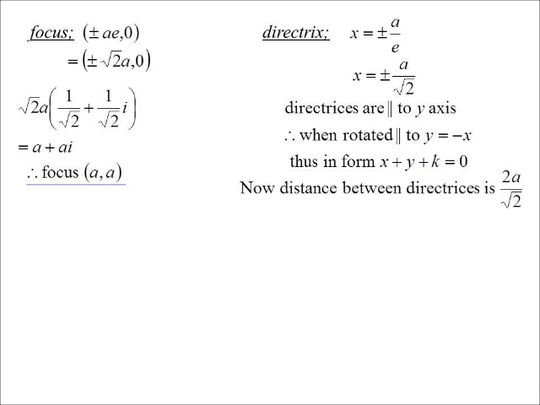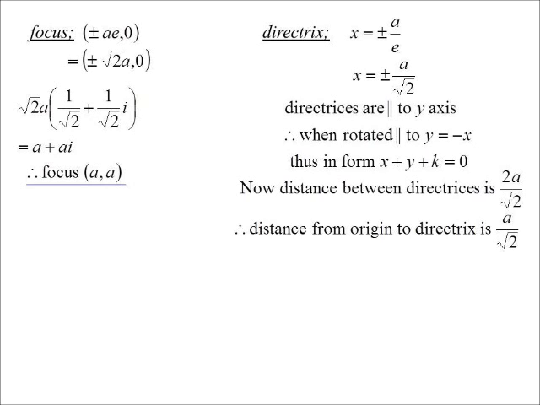Well, I know that if the directrices have the equations x equals a on root 2 and minus a on root 2, then the distance between them is 2a on root 2. Now when I rotate them, that distance doesn't change. But I'm rotating around the origin. So I could say the perpendicular distance from the origin to my new line will be a on the square root of 2.